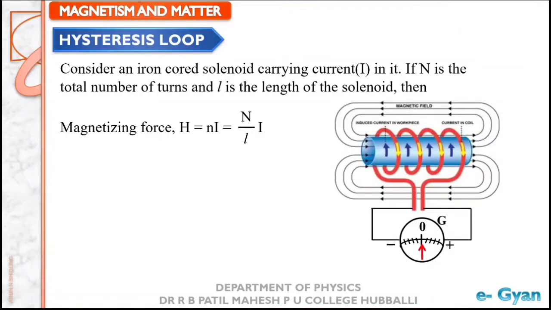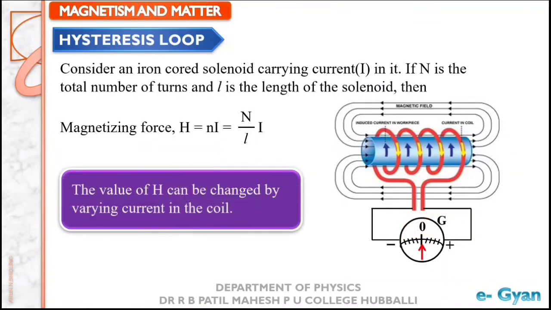Here is the solenoid, and this iron core in blue color, and here we have a galvanometer to verify the direction of current flow. H depends on the current value, so as we vary the current, the magnetizing force will increase or decrease accordingly.